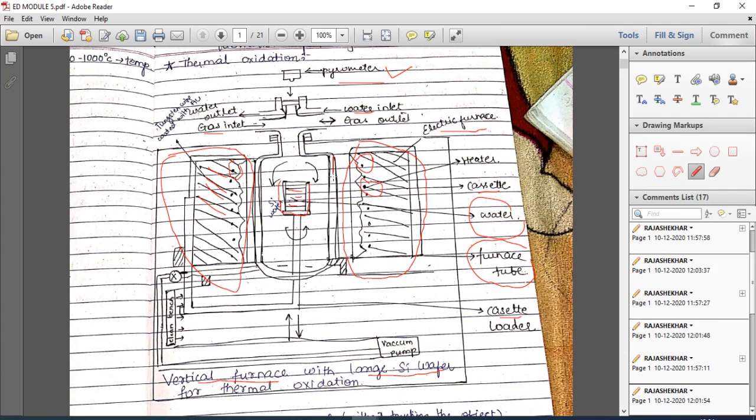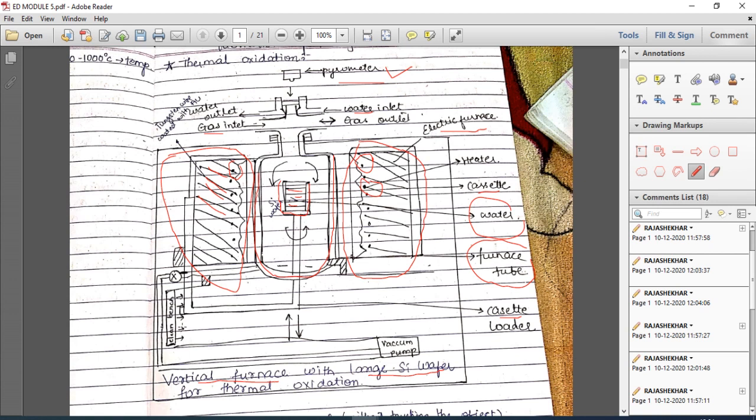This is the furnace tube which is shown here. It is used to control and maintain that high temperature of around 800 to 1000 degrees Celsius.